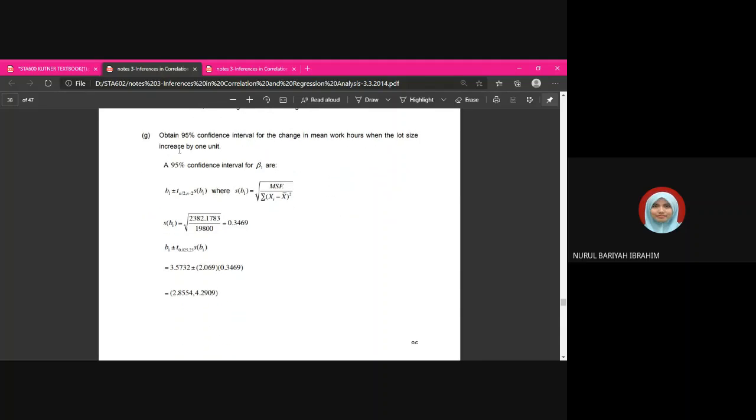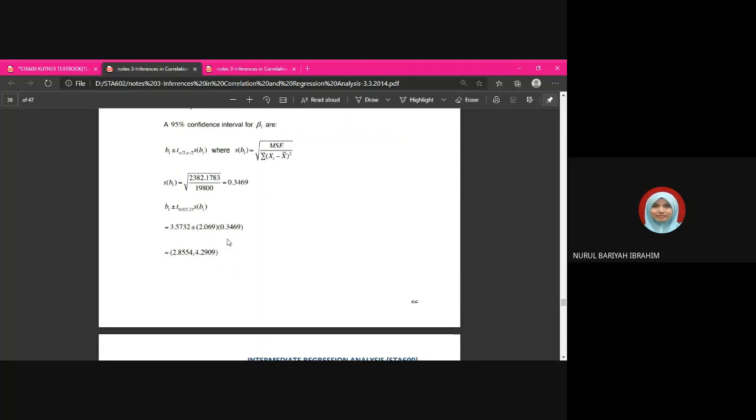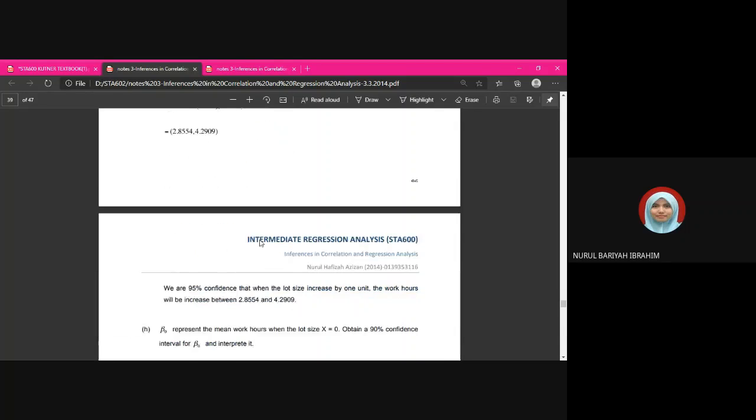Okay, next we can also find the confidence interval for the mean of y when the lot size increased by 1 unit. Okay, apply this formula. So also here we need the value of standard deviation for the slope. Okay, so apply this formula, then you will get these two values.